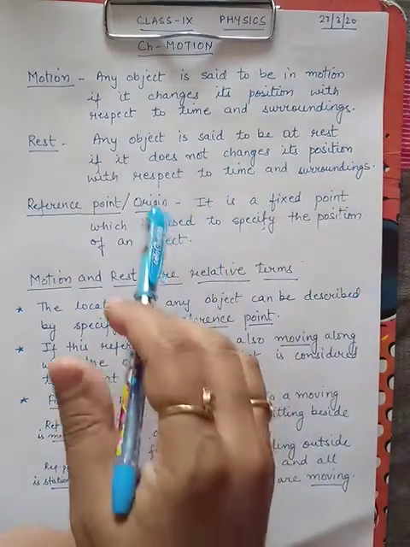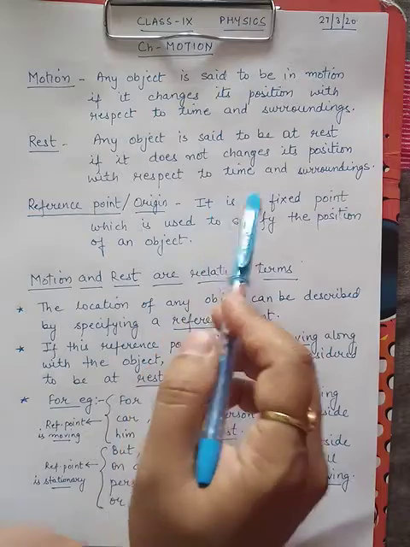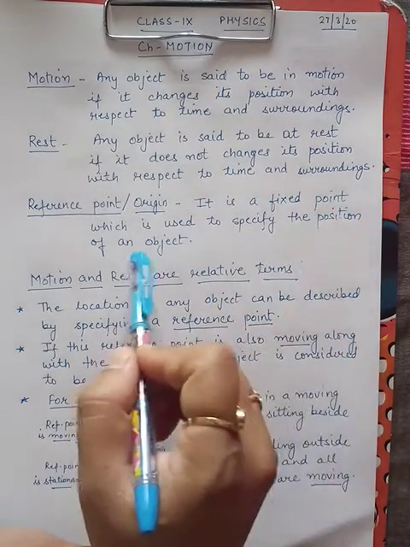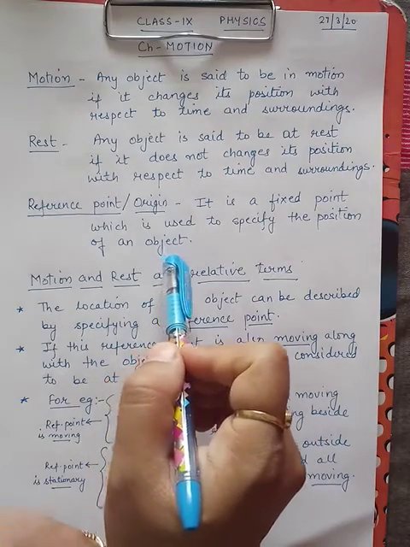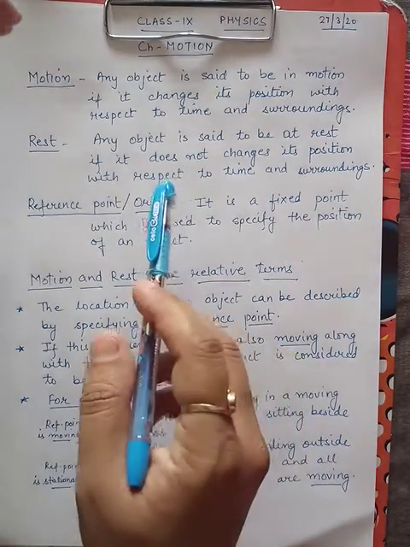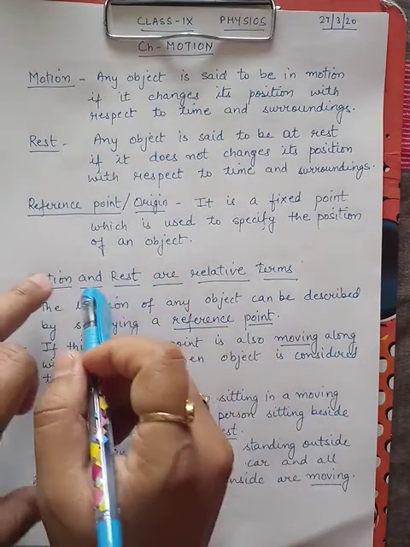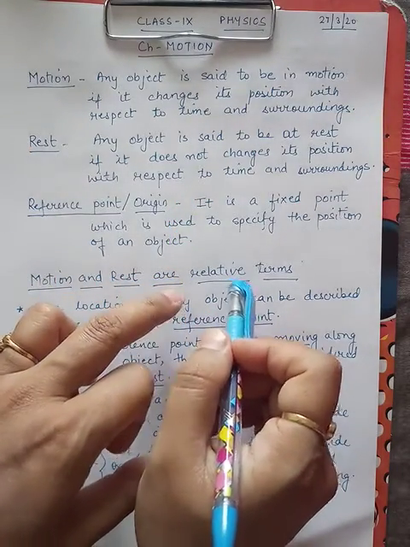There must be some origin point, right? So how will we define the reference point or origin? It is a fixed point which is used to specify the position of any object, right? So these two terms, we are now considering, are relative. How can they be relative?